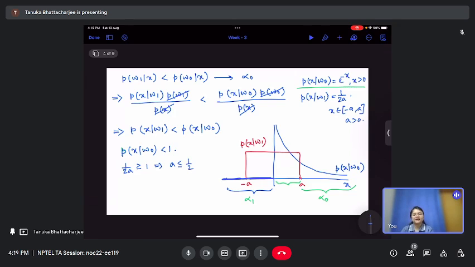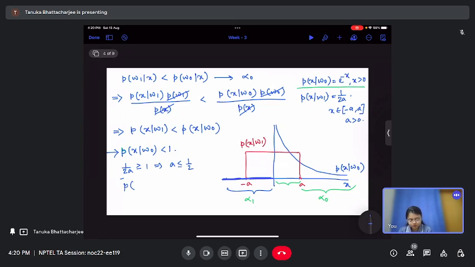So if your a is less than or equal to half, then whatever be the value of x, you will always have higher value of the class conditional density of class omega 1 than the class conditional density of class omega 0. If a is less than or equal to half, then 1 by 2a is always greater than or equal to 1.